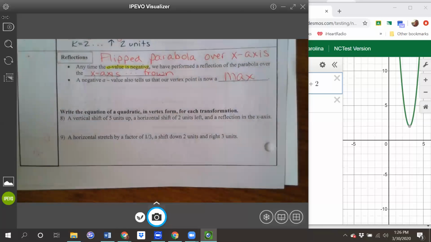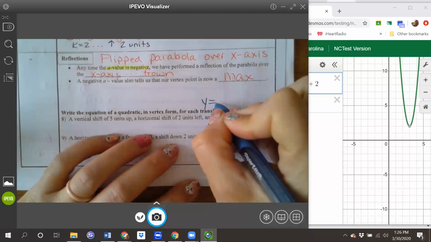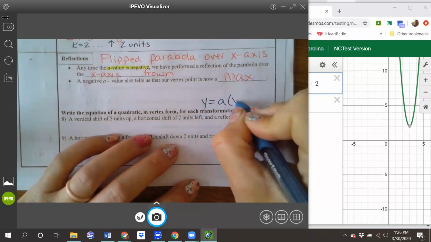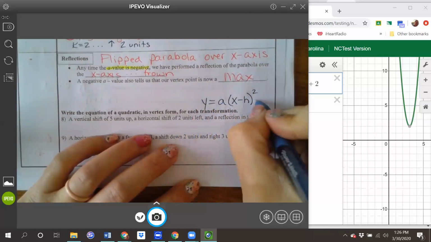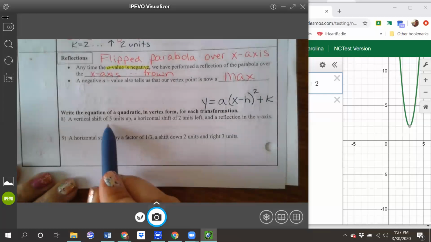All right, last 2 examples here. Write the equation of a quadratic in vertex form for each transformation. So let me write for you what vertex form is. Y equals, can you do it on your own? A times the quantity, x minus h, square it, plus k. All right, it says a vertical shift 5 units up.